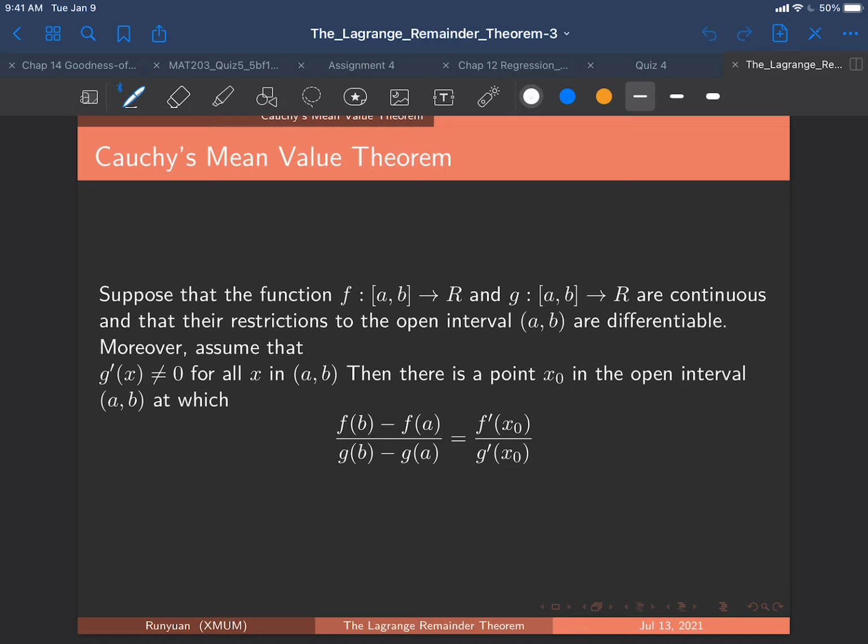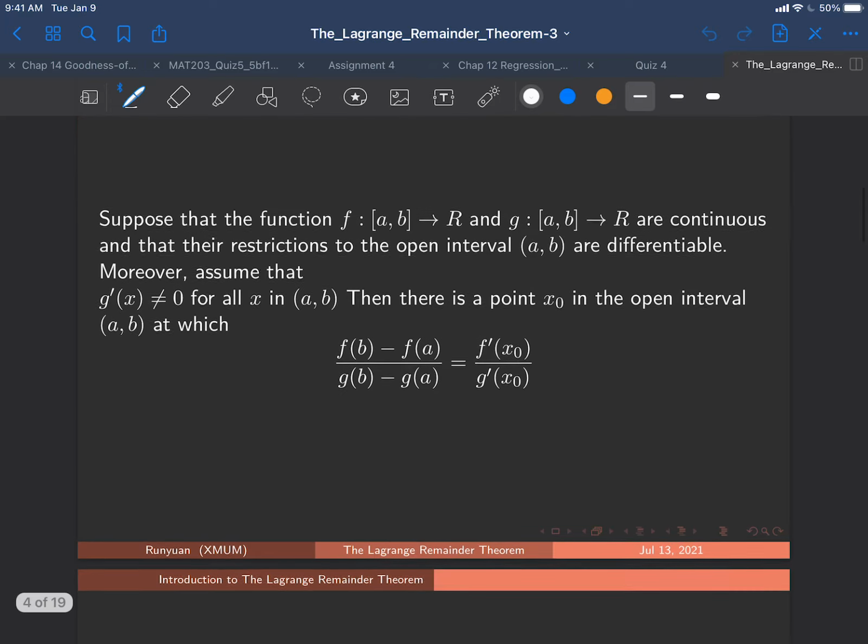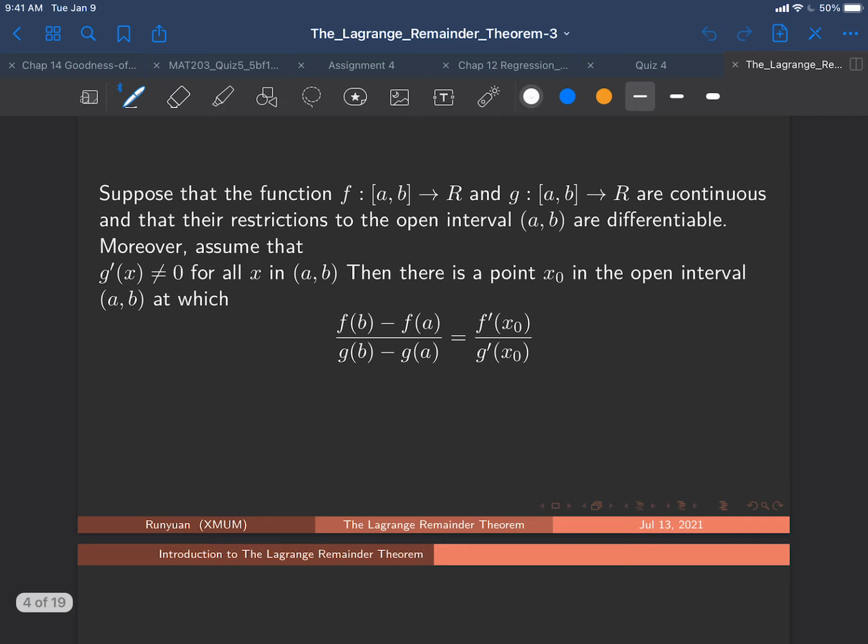To be more visualized, let's see the axes.